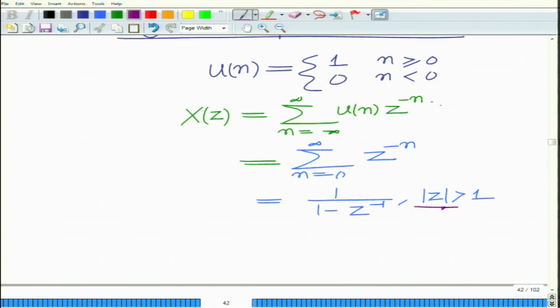So, magnitude of z has to be strictly greater than 1.